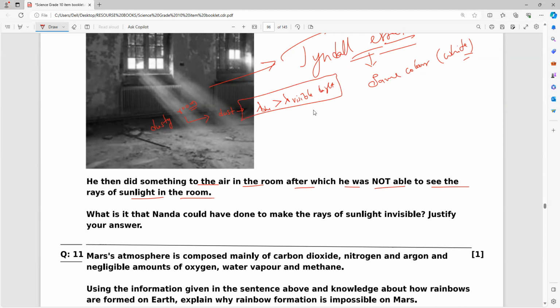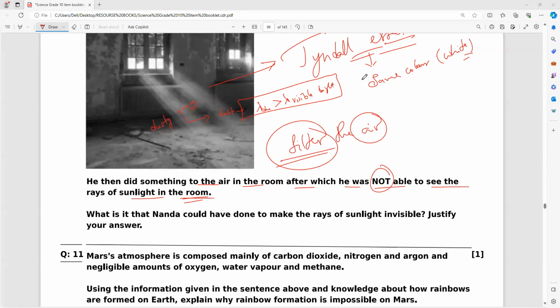He did something to the air in the room, after which he could not see the rays of sunlight. So what does it mean? He might have filtered the air. Filtering the air means all the dust particles will be removed, purification.